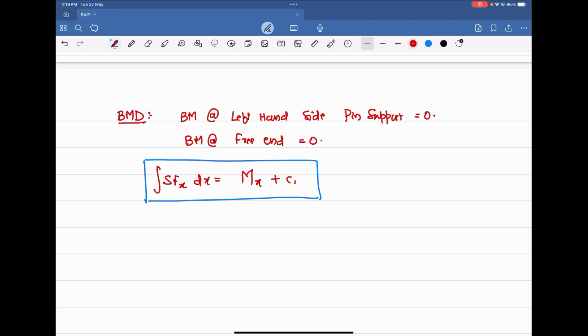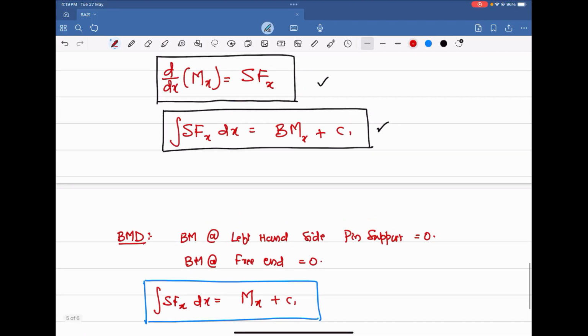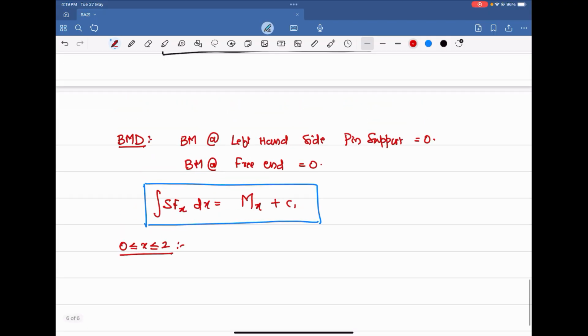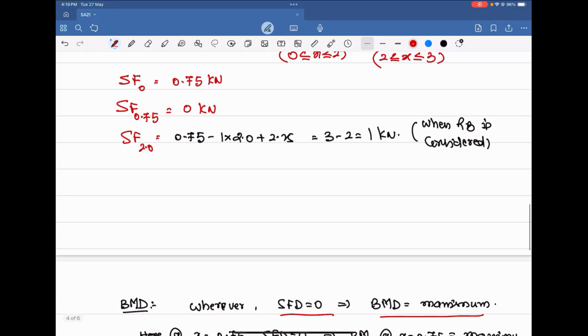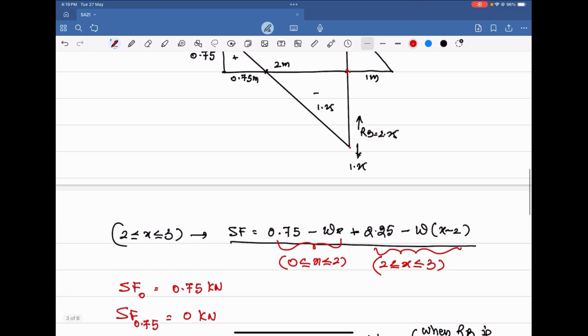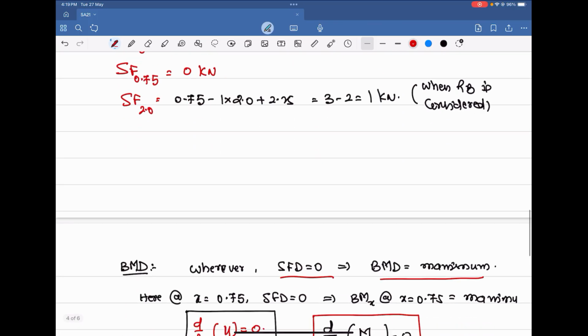Now, what is the shear force at x between 0 less than or equal to x less than or equal to 2 in this region? Shear force is nothing but 0.75 minus Wx. Do you agree?